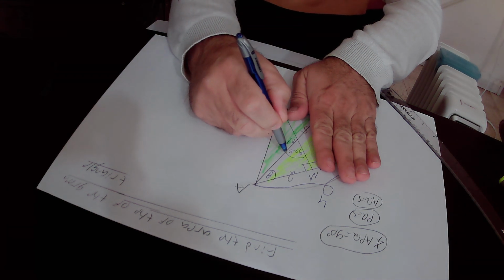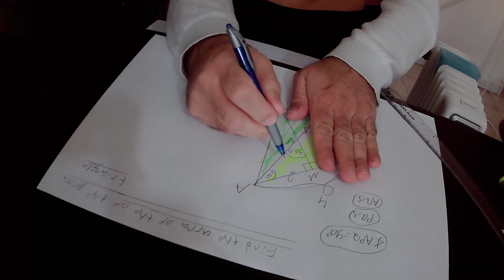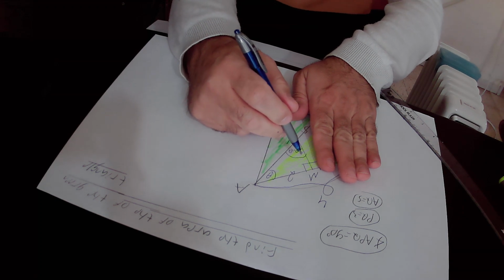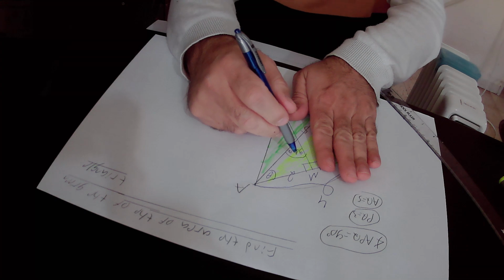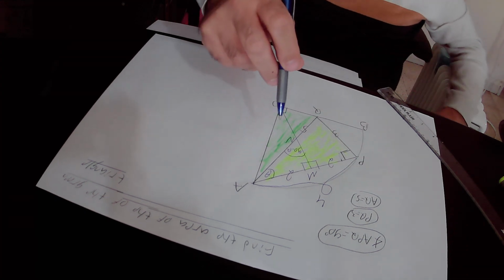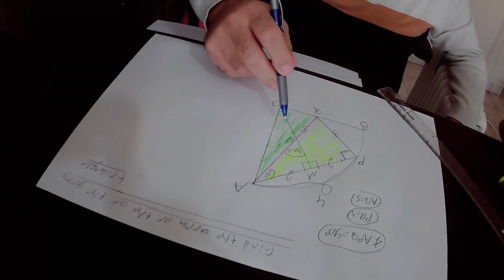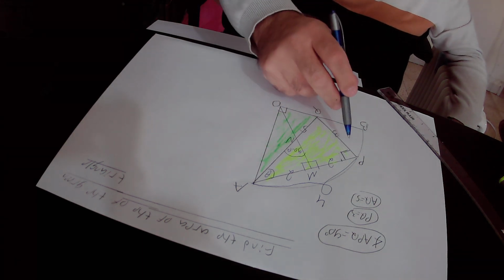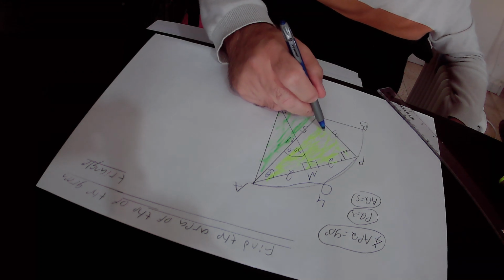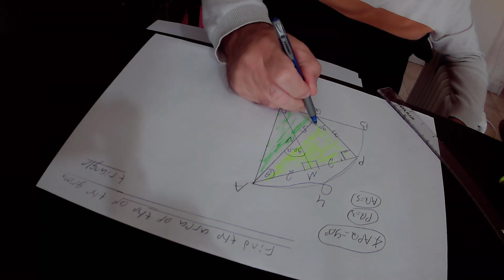Why? Because 90 degrees minus theta plus theta is 90 degrees, and 90 degrees plus 90 degrees is 180 degrees. This is the sum of the angles in any triangle. Likewise, in the big yellow triangle APQ, this angle is equal to theta, this angle equals 90 degrees, therefore the missing angle must be equal to 90 degrees minus theta.